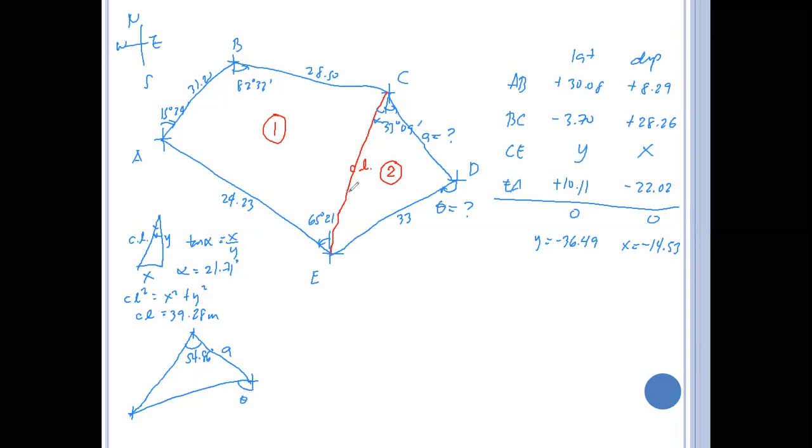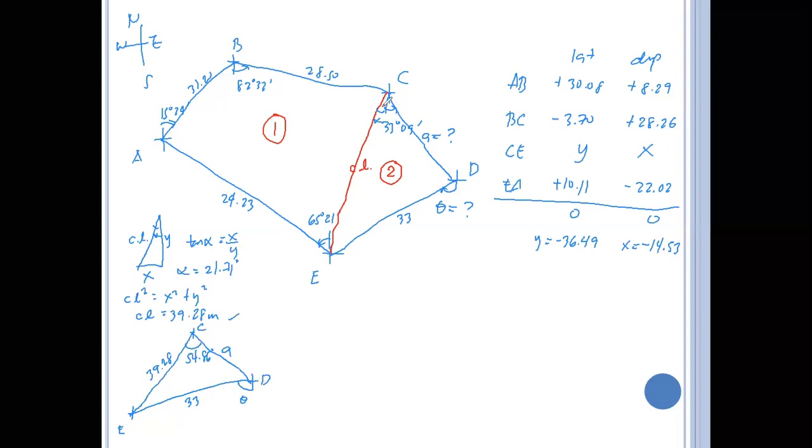So yung length dito is the length of the closing line, 39.28. Okay, then also given here the length of DE, okay, as 33.